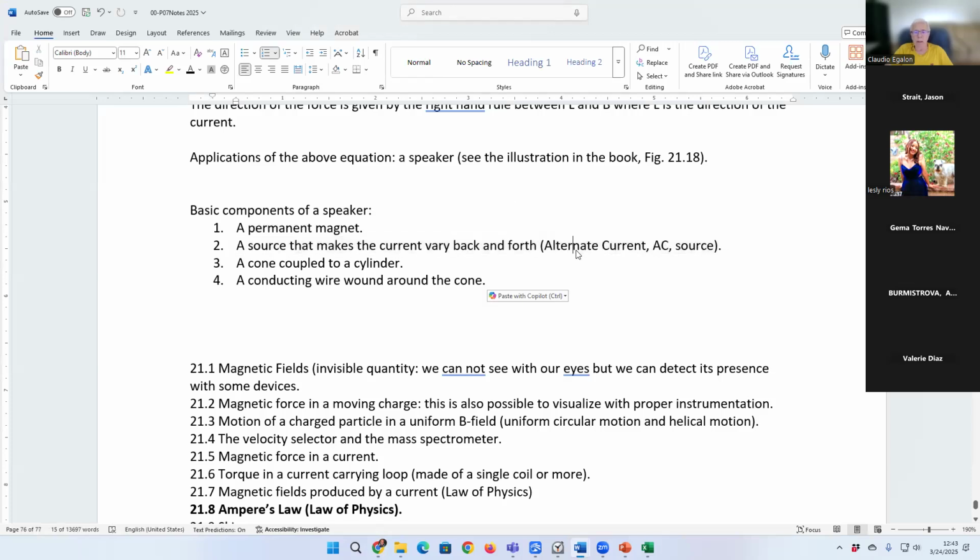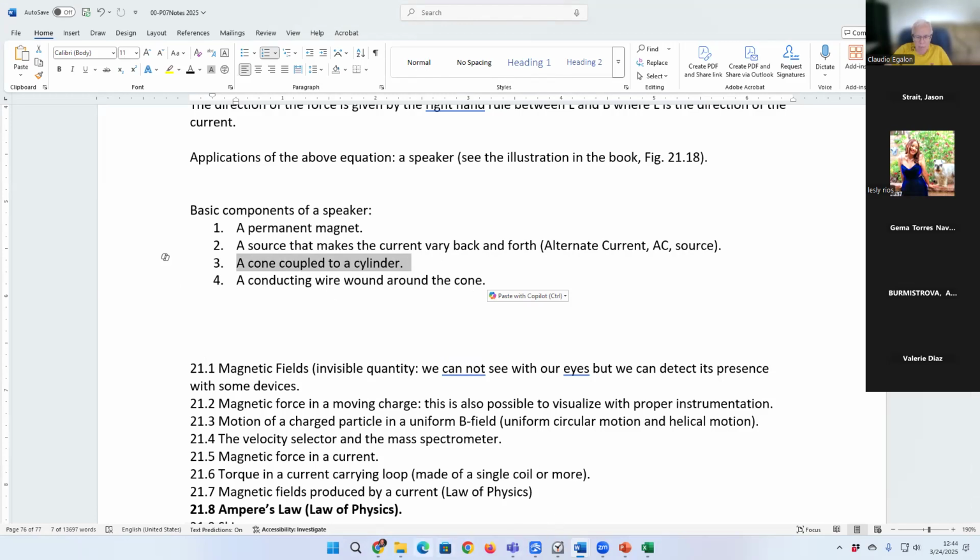That's what we call alternating current. Alternating current is a current that flows in one direction and back, one direction and back the other direction, back and forth, back and forth. And there are ways of doing that. We're going to cover that later on, okay? A cone coupled to a cylinder. A conducting wire wound around the cone.